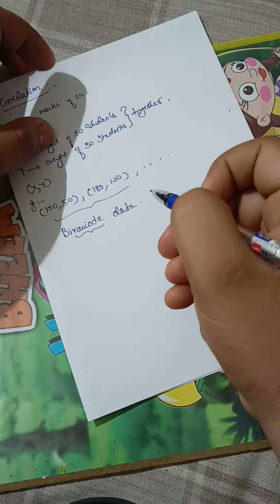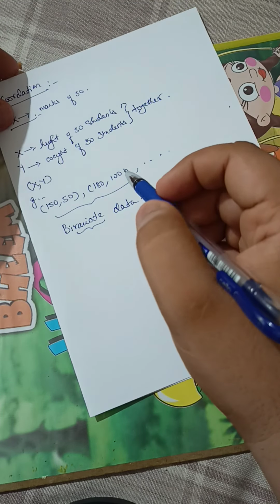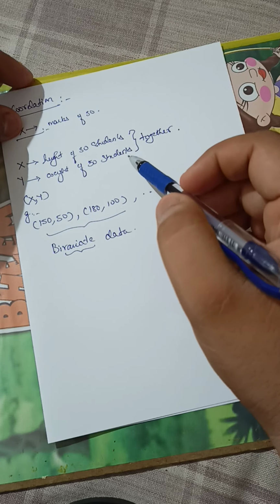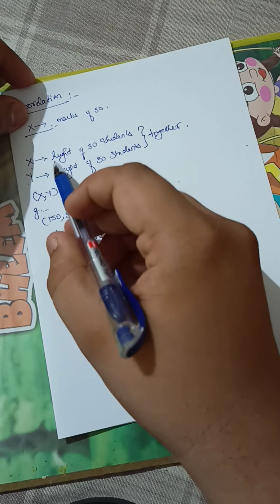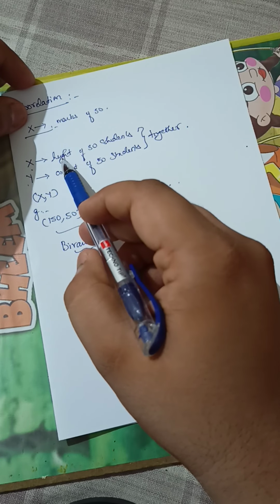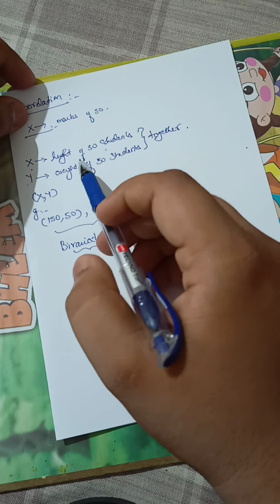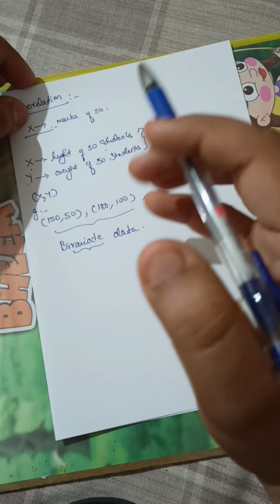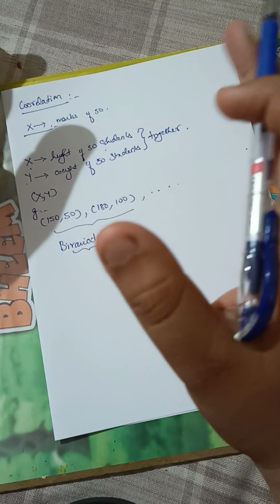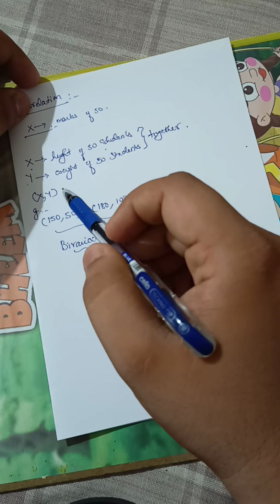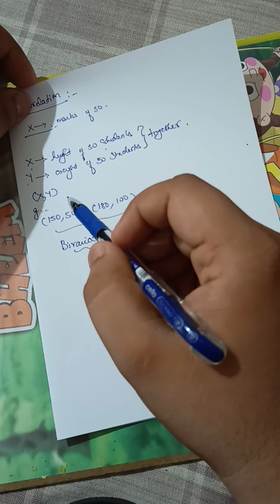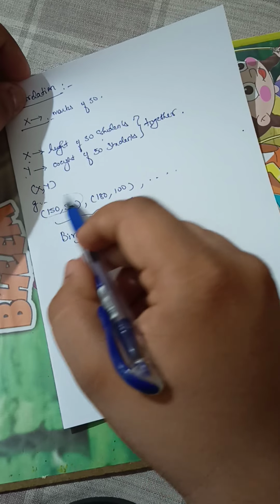We would be interested in studying the behavior of x and y. Suppose it is very evident that the height of an average person will be almost 100 plus the weight, if you see any relation like this.